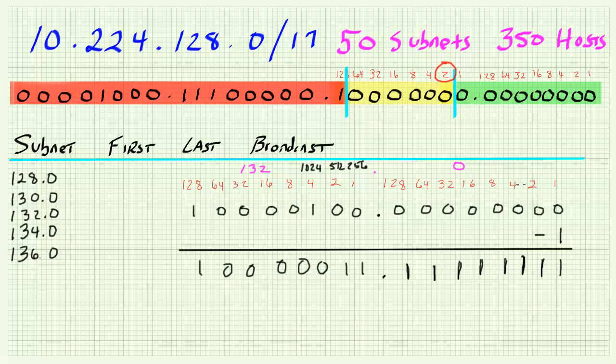We borrow from the 4, cover the deficit in the 2's position. That gives us a 1 there. We borrow from 8 to cover the deficit in the 4's position. Just like we saw in the previous example, we go all the way over and we get to the 128's position. So to fill the deficit that we now have in the 128's position, we have to borrow from the next bit in the next octet, which, as we saw in our previous example, is really the 256 position, because this is all one big long 32-bit value.